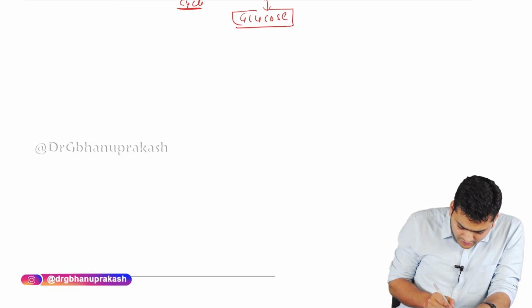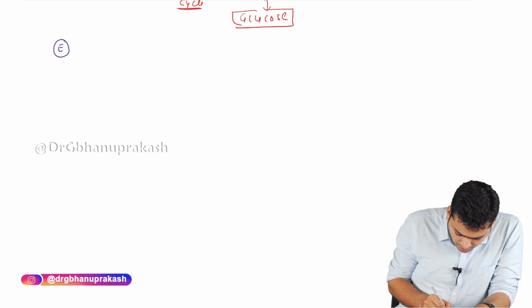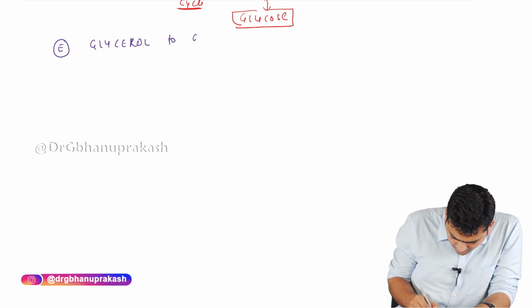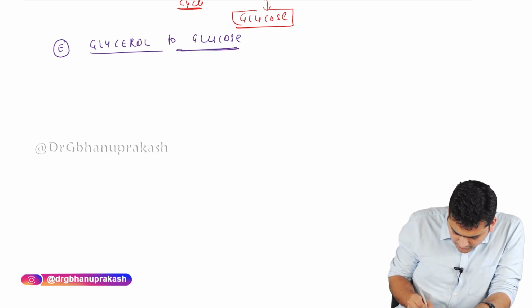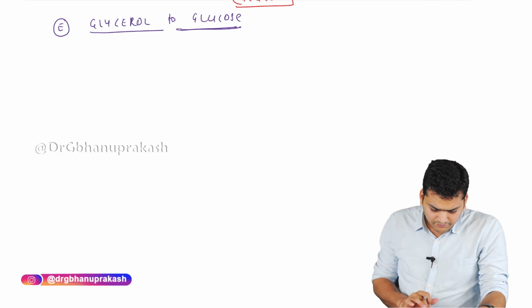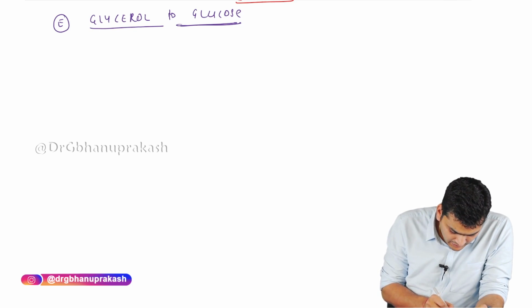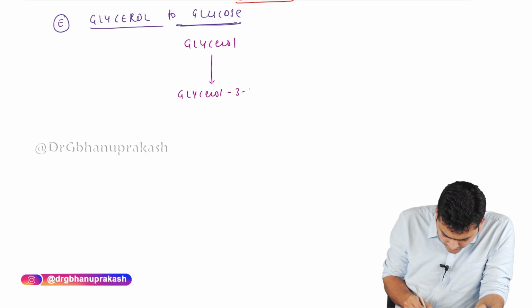Let's go to the next one, the last substrate for gluconeogenesis, and that is glycerol. How can we convert the glycerol into glucose? To understand this, see, the glycerol converts into something called glycerol 3-phosphate.